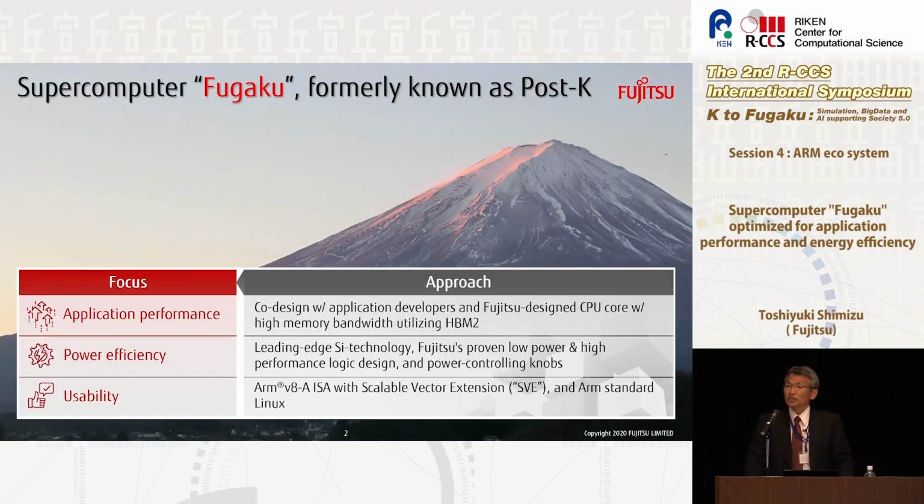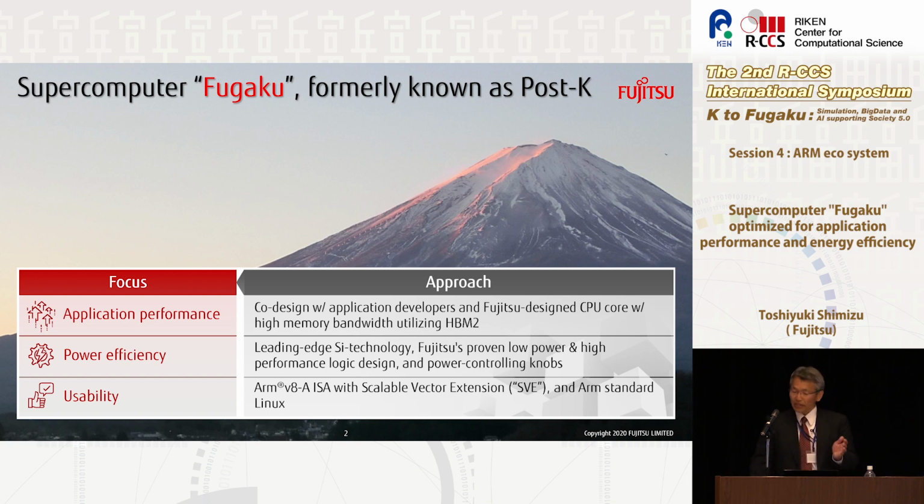As you know, supercomputer Fugaku is a successor to the K computer. The goal of the development of supercomputer Fugaku is high application performance, good power efficiency and good usability. These three important goals are the goals of the Fugaku development.